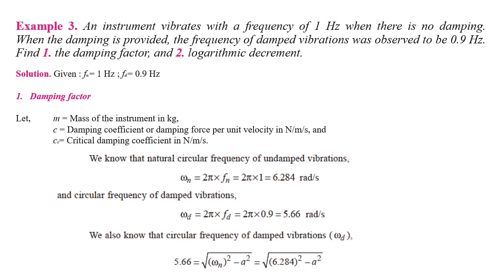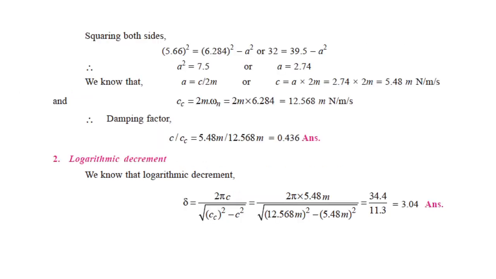Therefore we will get the value of omega n as 6.28 radian per second. The circular frequency of damped vibration omega d is equal to twice pi into fd, because fd is equal to omega d upon twice pi. We will get omega d as 5.66.